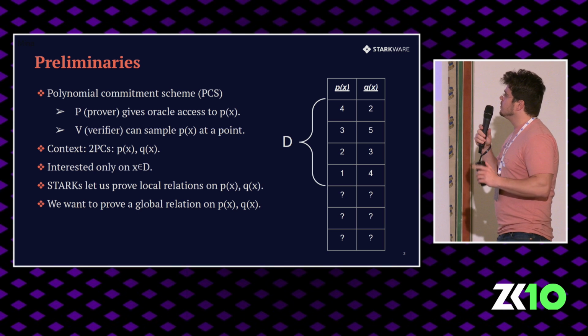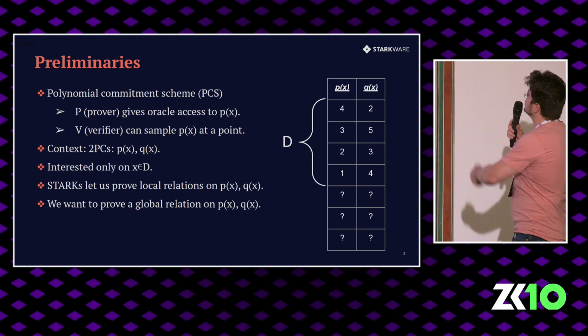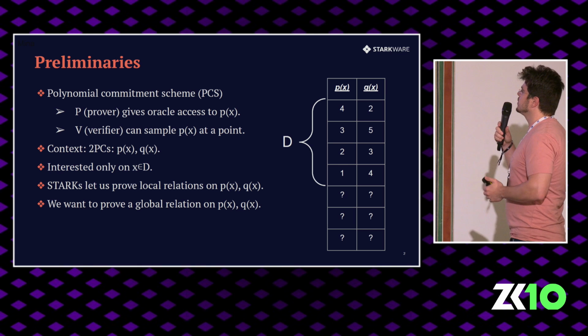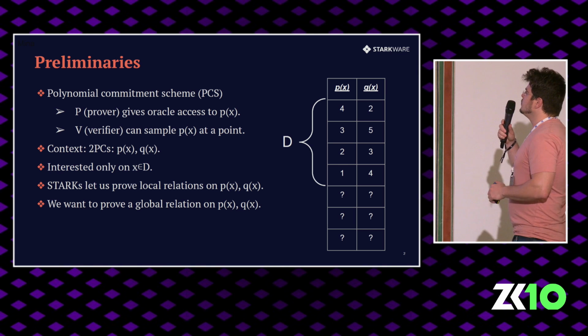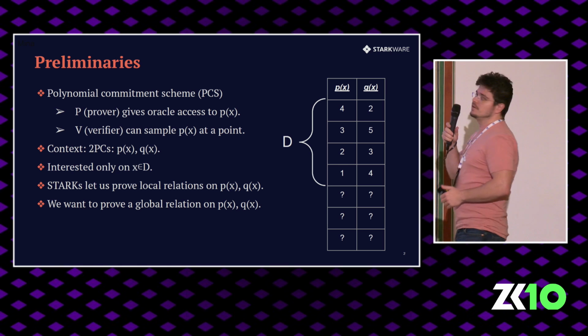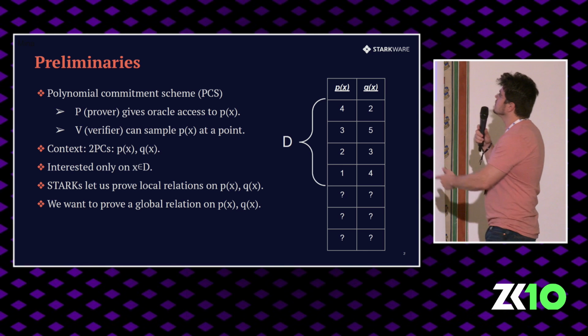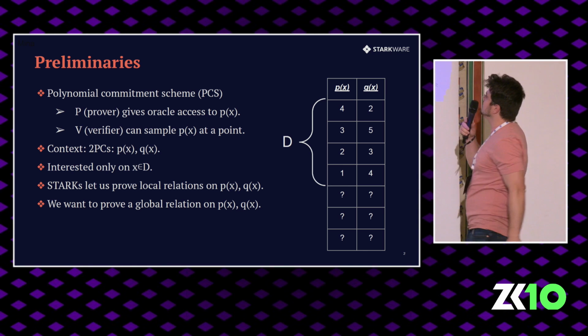All right, so in our context, we are talking about two polynomials, as you can see from the right, P of x and Q of x. And we're interested only in some subset of the points, some domain D, and not all of the points, like you see here. I don't have a laser pointer, but yeah.